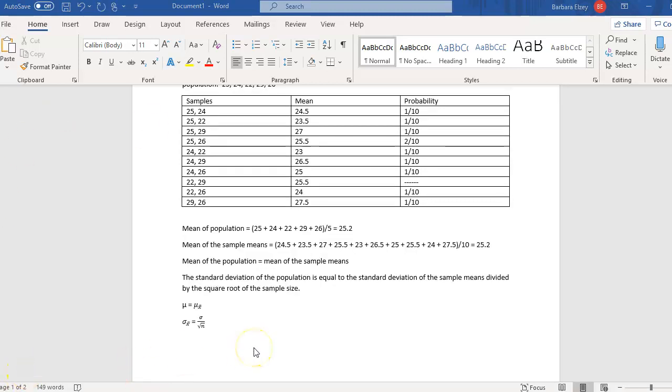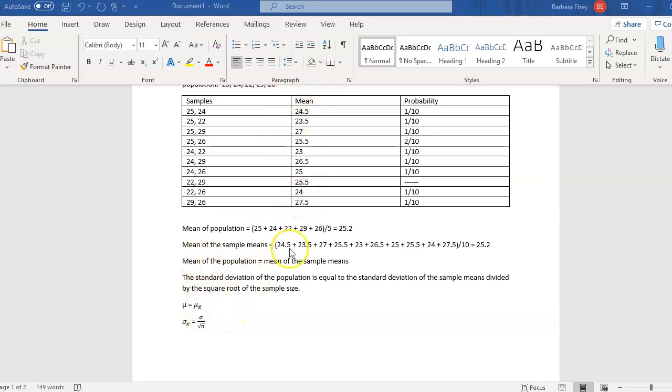So here are our symbols for what I just said. Remember, mu is our symbol for the population mean, the population average. Well, we have a new symbol for the average of all of these sample means. And remember, X bar is our symbol for sample means. So this is the mean of all of these means.